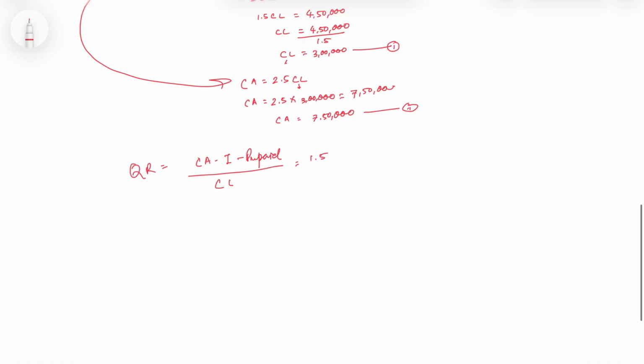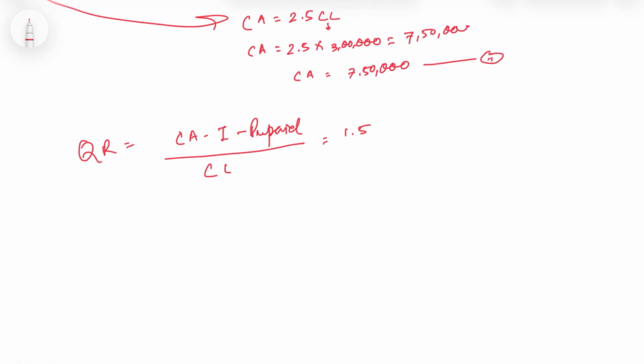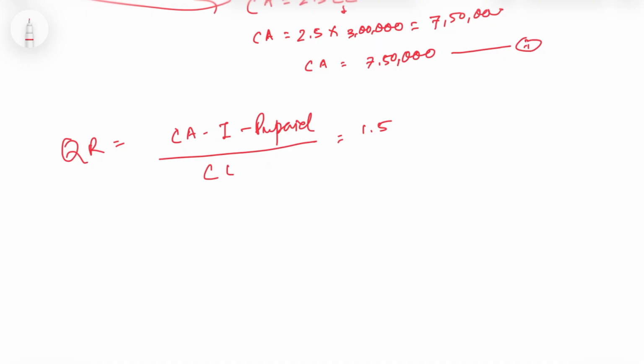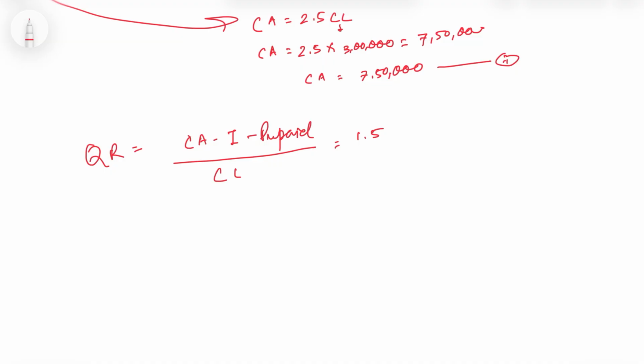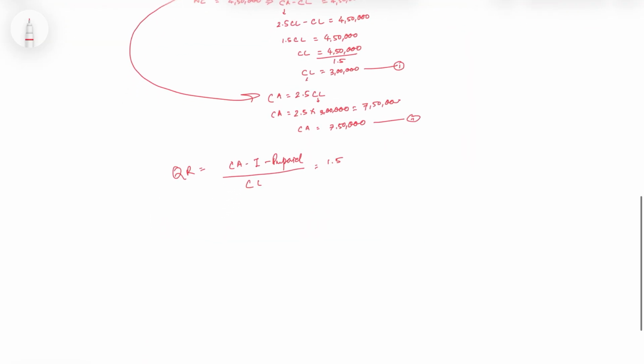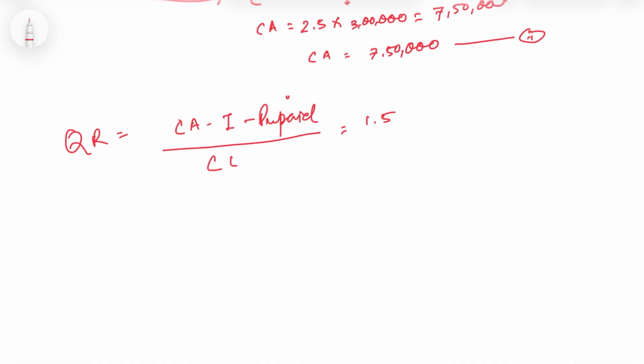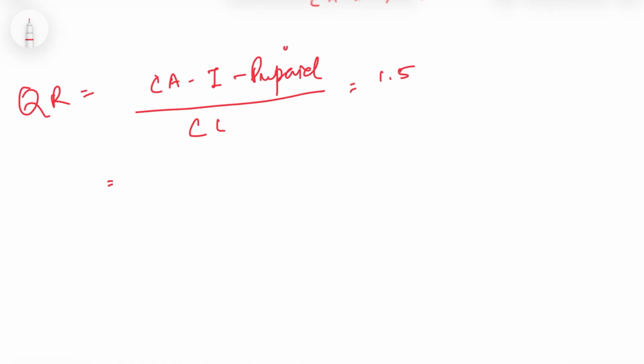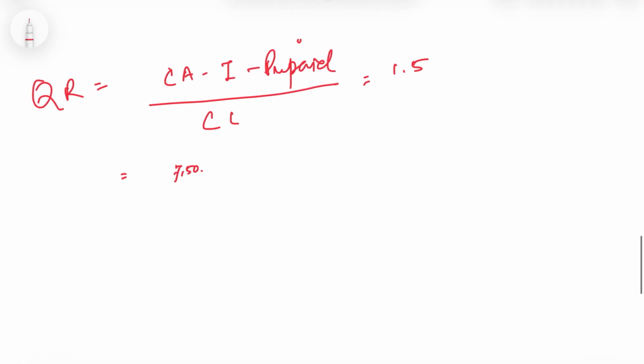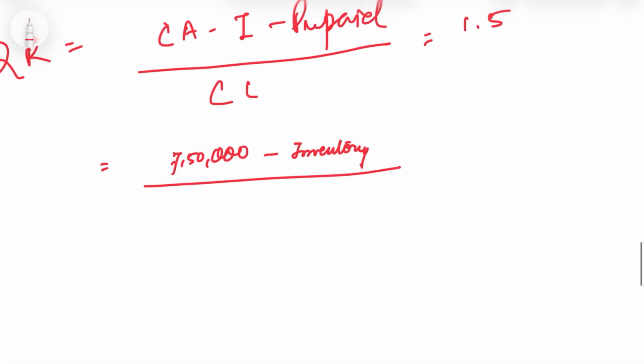Prepaid expenses are not given, so we consider them zero. Current assets is 7 lakh 50,000 minus inventory, divided by current liability, which is 3 lakh.